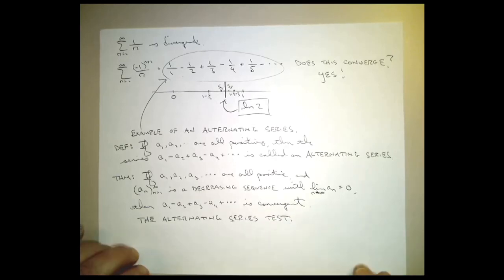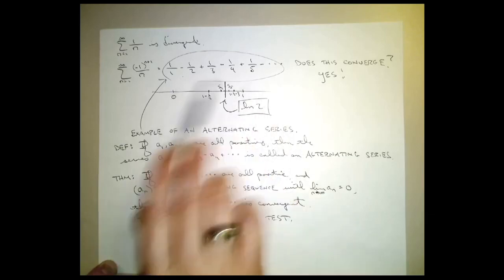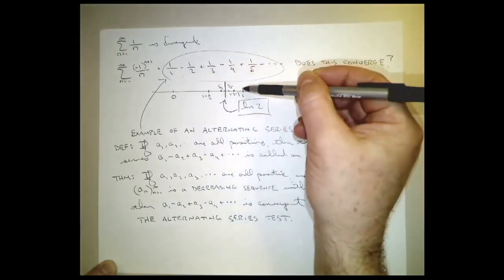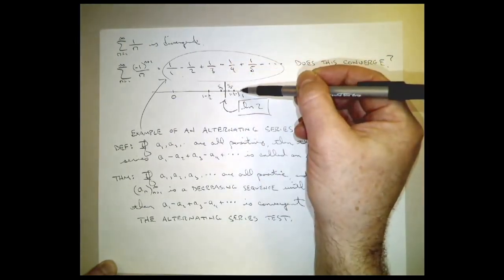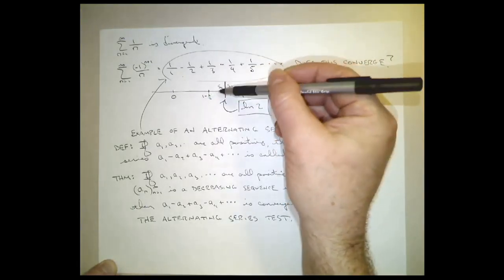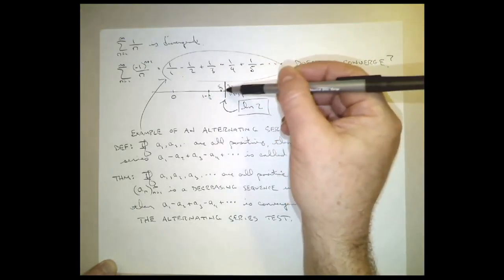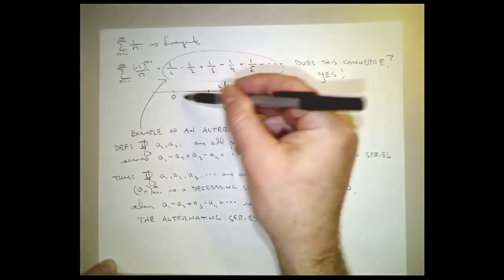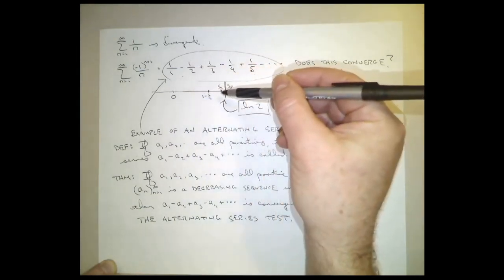Right, very nice result. It's clean, it's easy to use, and I think it's even somewhat intuitive, right? If we're always decreasing the terms, then whenever we look at every other partial sum, if we're looking at the even ones, we're going to get an increasing sequence.